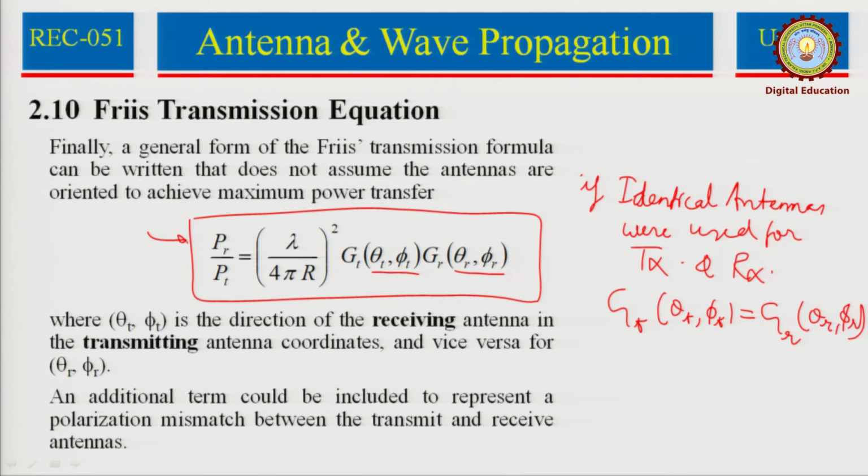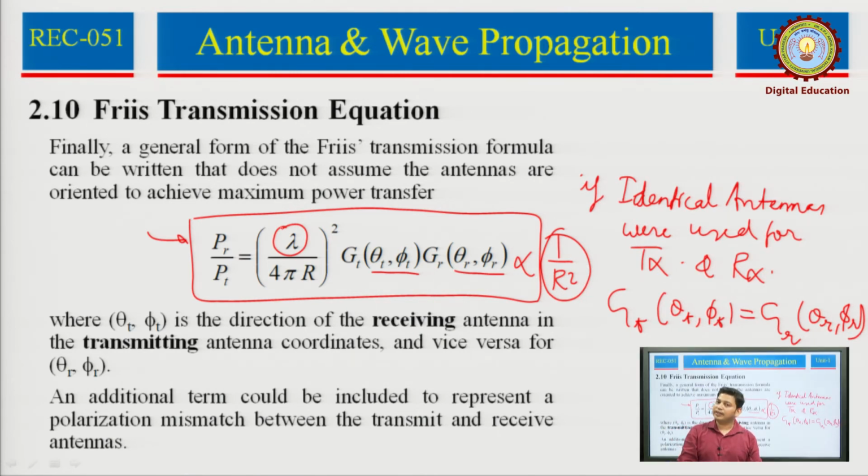So, this is the complete Friis transmission equation, and this is a very important relation between the received power and the transmitted power. Most importantly, it is inversely proportional to the square of the distance. See, it is inversely proportional to 1 upon R square, and what does it represent? As the distance increases, the received power becomes poorer. One more thing, it is directly proportional to lambda.